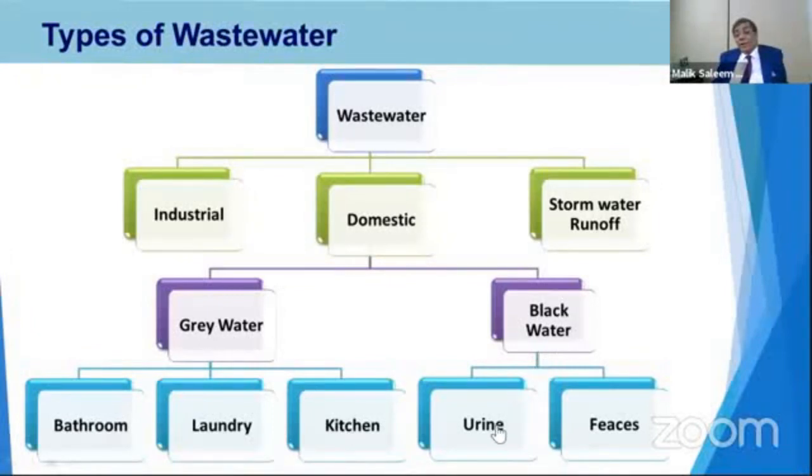And black water is urine and feces. Basically domestic water. In the sewage treatment plant, normally we treat both the gray water and the black water.